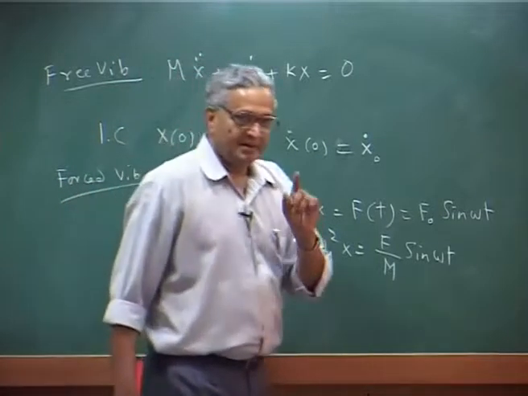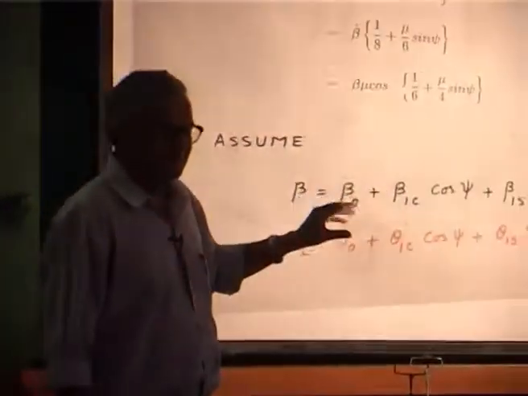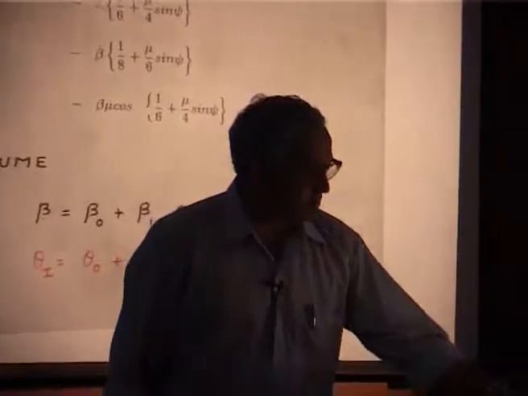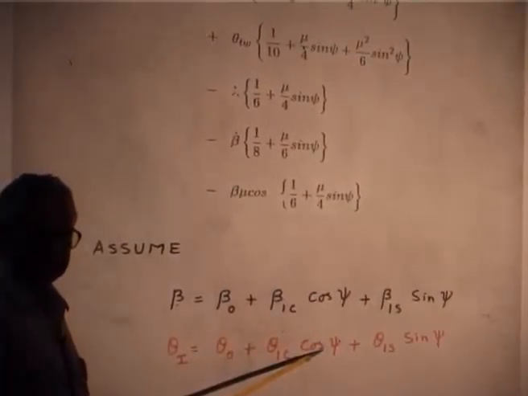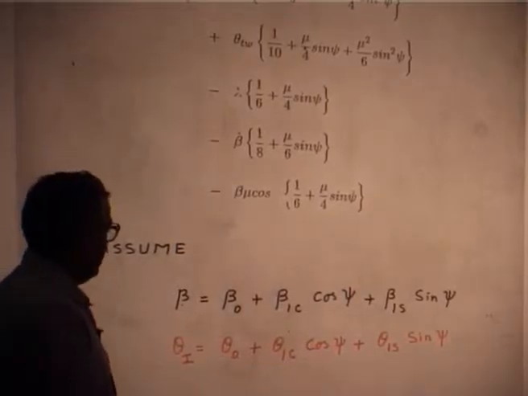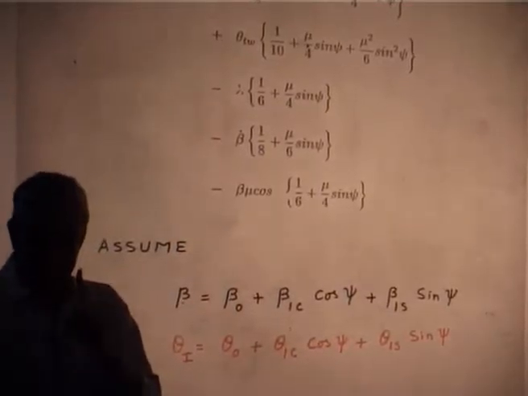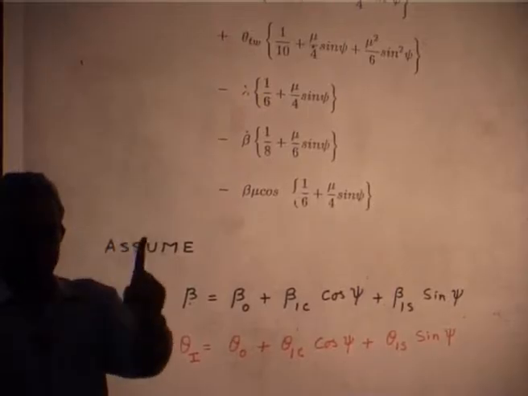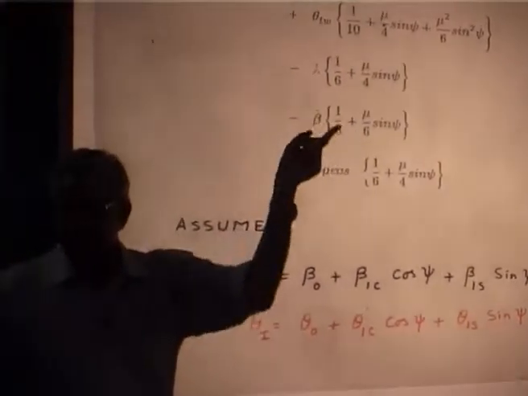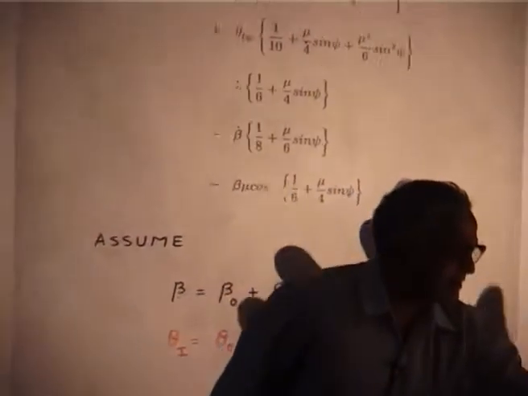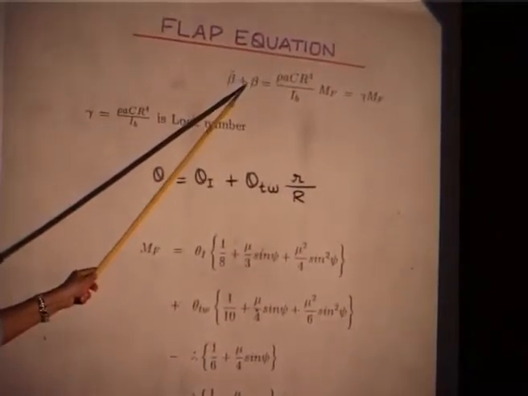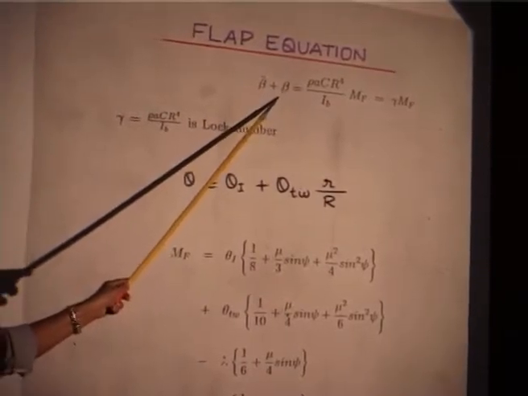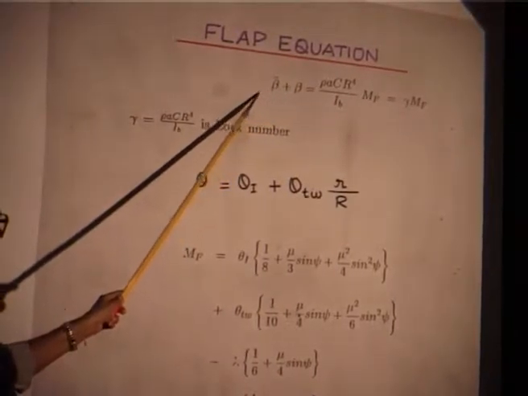In this problem, what we are analyzing is that your input is psi, which is 1 per rev, because the variation is 1 in a revolution, and this is also 1, because of the second derivative.